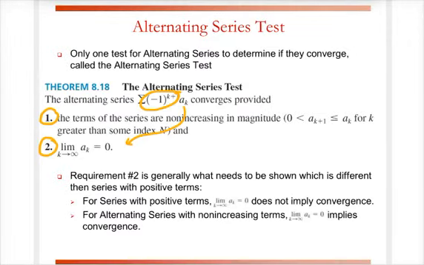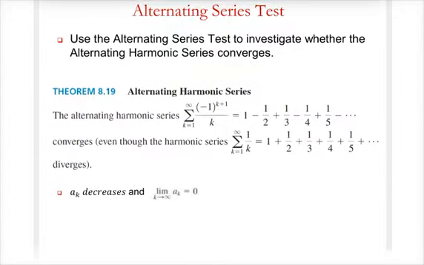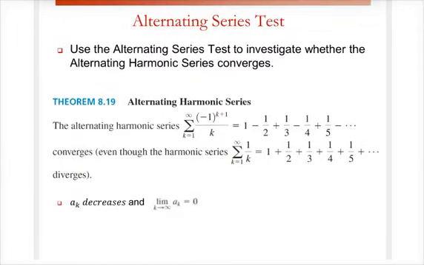I'm looking for my last slide here. Yep, it's down below. Having established the alternating series test, we can use it to test the alternating harmonic series and see what happens. The limit as k goes to infinity, we drop the alternating sign and just look at the AK term.